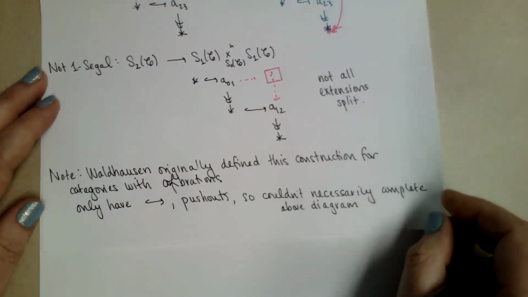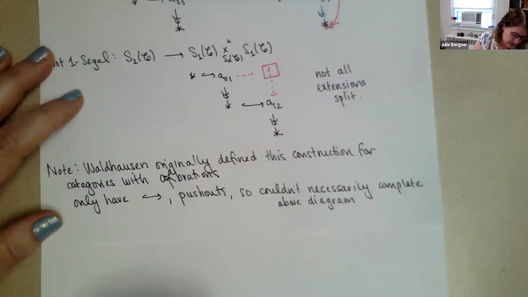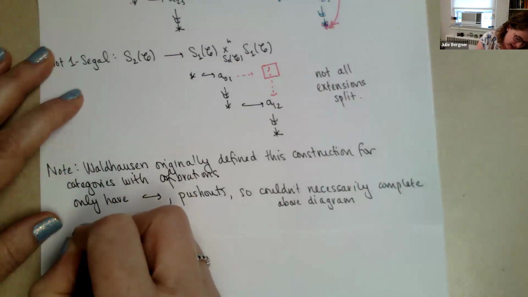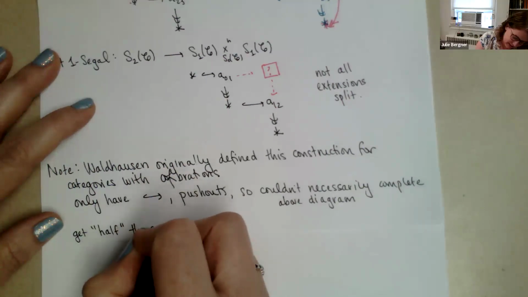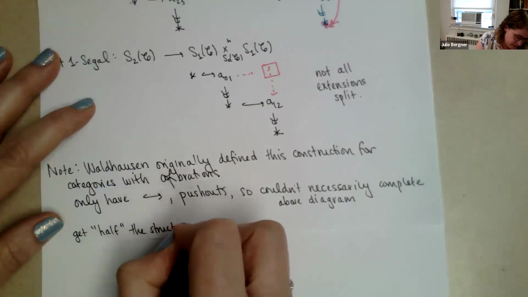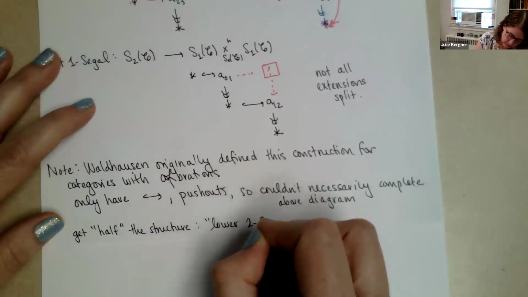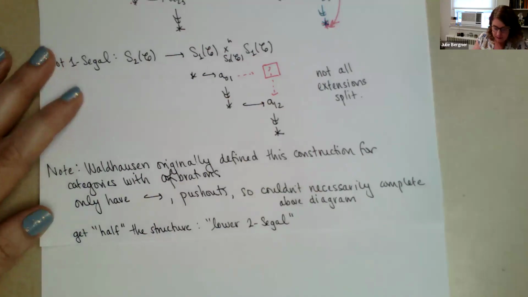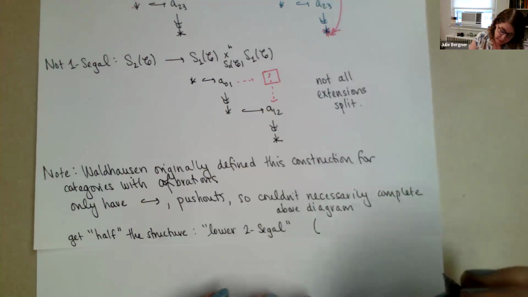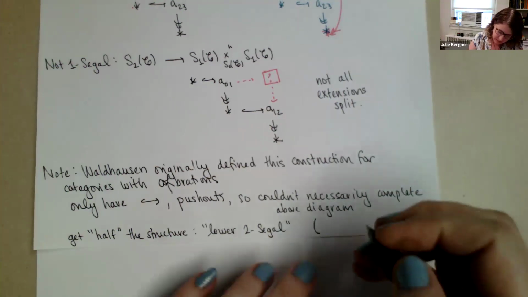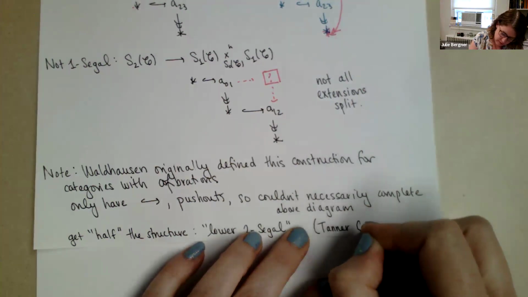Is there a weaker version of 2-Segal space that this would be? There is, yes. You get half the structure, and this is something called lower 2-Segal. I'm just going to refer you to this, which was investigated by my student, Tanner Carawan.